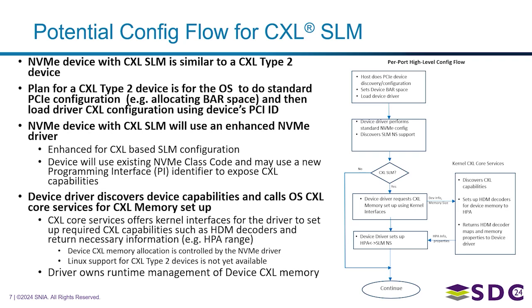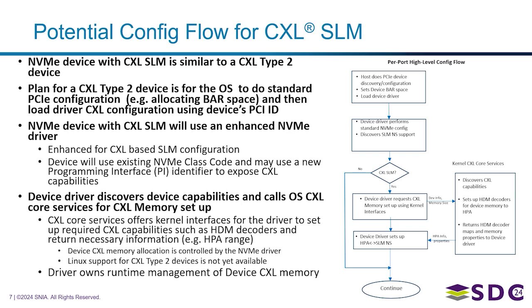The NVMe device with CXL SLM will use an enhanced NVMe driver. That driver will be enhanced for CXL utilization. The device will use the existing NVMe class code and may use a new programming interface identifier to expose CXL capabilities. What does that mean?